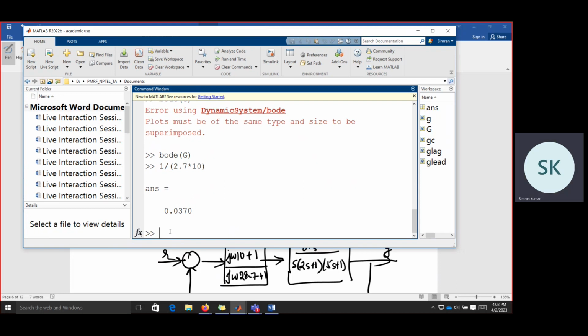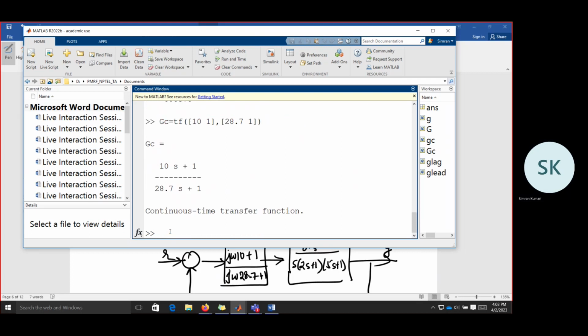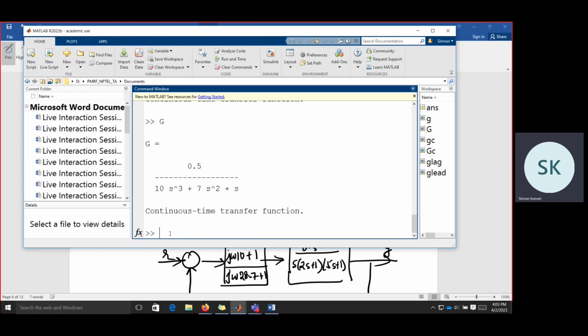So we have GC equal to transfer function 10S plus 1 over 28.7S plus 1. So this is GC. And what is G? G is this one. So we want the Bode plot of this one.